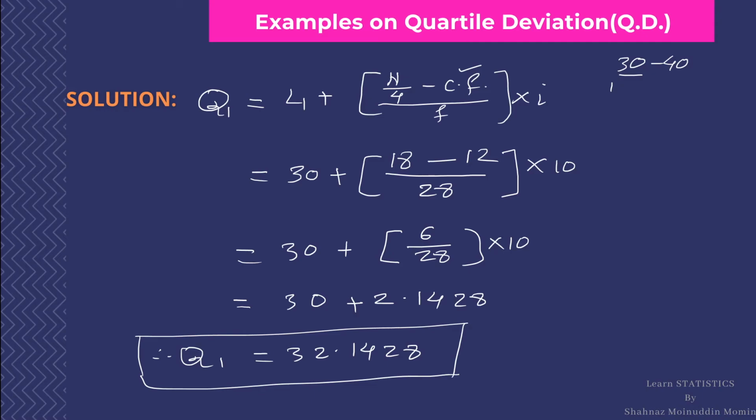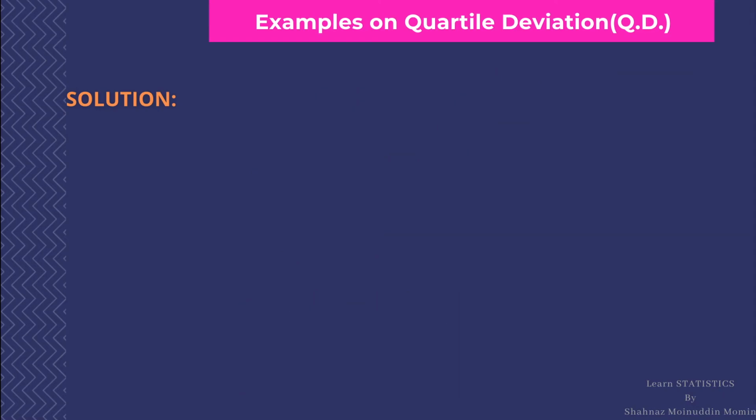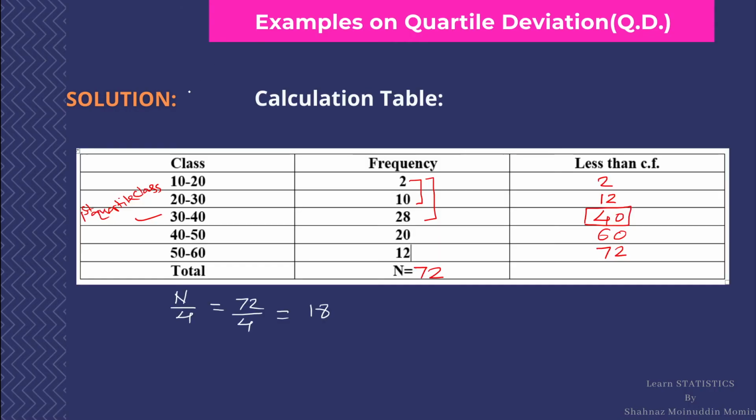Now we will calculate the third quartile, Q3. To obtain the third quartile Q3, we have to obtain the third quartile class. How will we obtain it? Calculate 3n by 4, that is 3 into 18, which is equal to 54. Now search for a cumulative frequency which is just greater than 54.